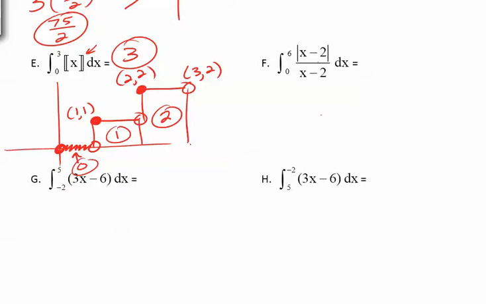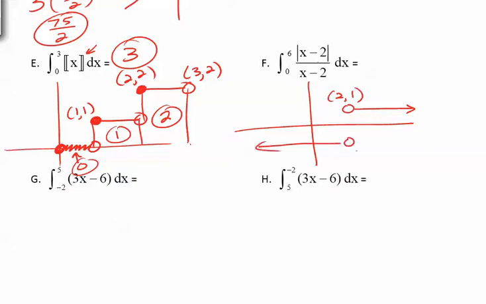All right. Again, your common functions, remember that if you pick a number bigger than or equal to 2, you're going to get a value of 1. And if you pick a number smaller than 2, you're going to get a value of -1. So now we want to do the area from 0 to 6.